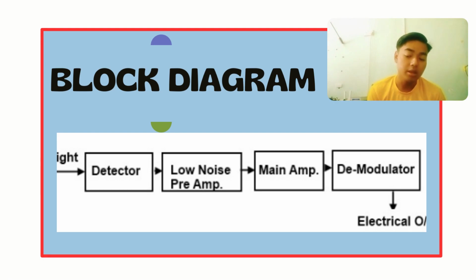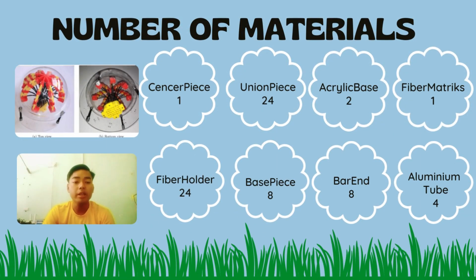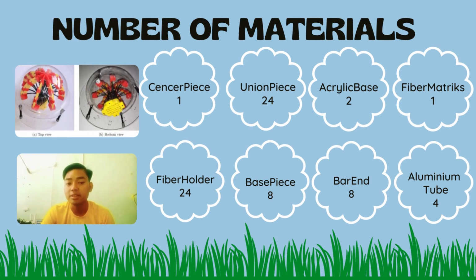Okay, now I will explain the part number of material. We choose 8 materials. One is the sensor piece. The number of material is only 1.